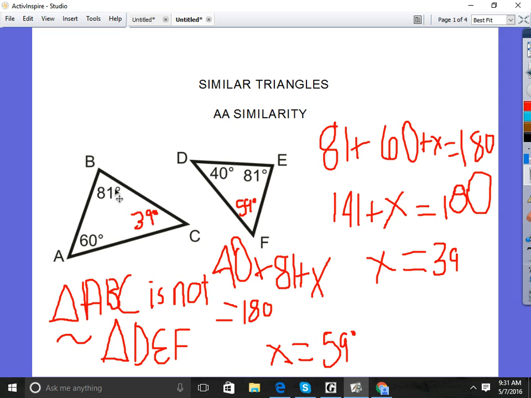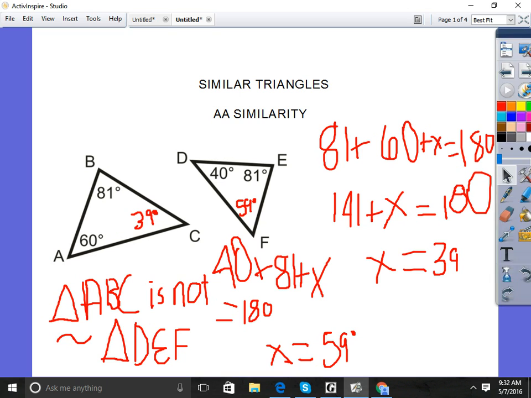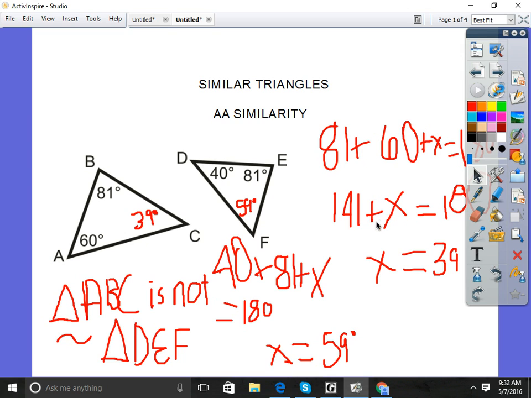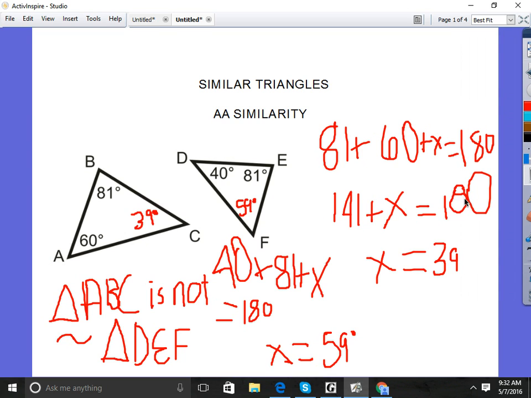So I said 81 plus 60 plus x, when I didn't know this, equals 180. 141 plus x equals 180. Subtract 141 from 180, and x will equal 39. Same here.